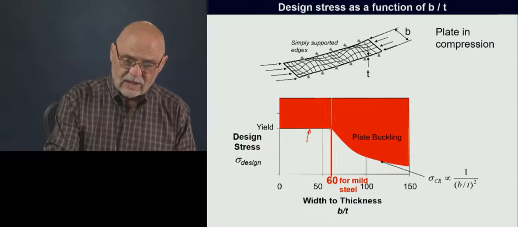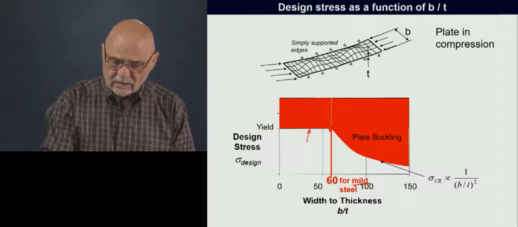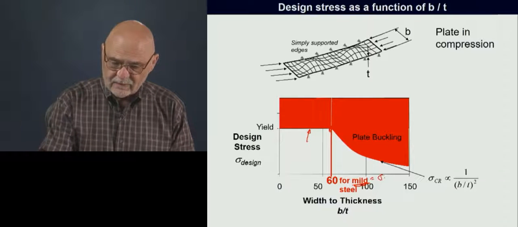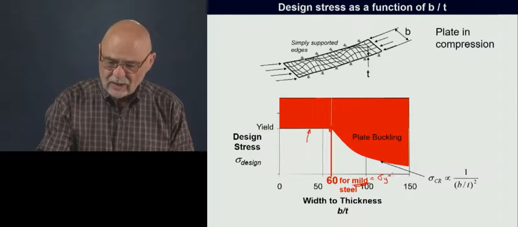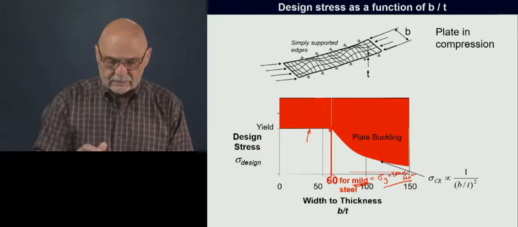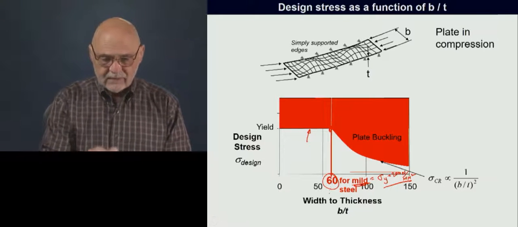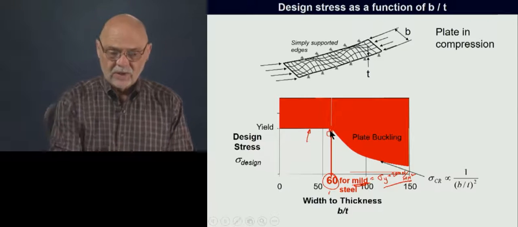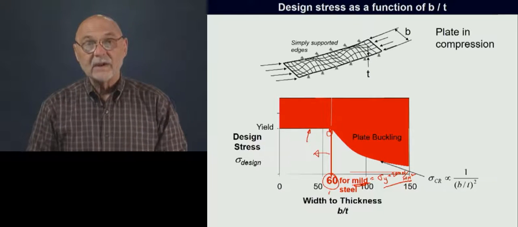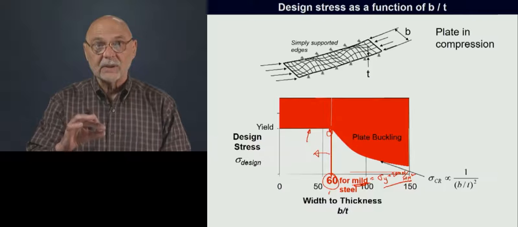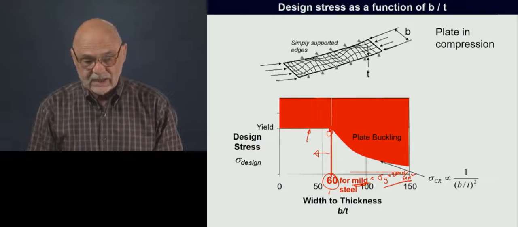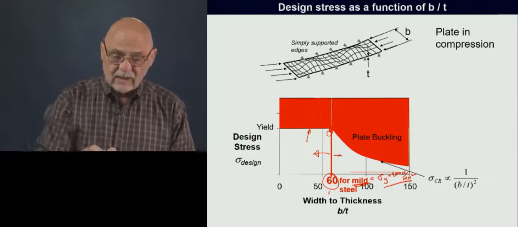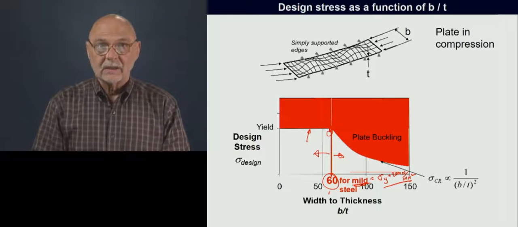And when we overlay these for mild steel, mild means the yield stress is about 200 newtons per millimeter squared, then the inflection point here is a B/T ratio of 60. So below 60 will fail in yield. It's a stocky plate, a thick wall plate, we would say. And above 60, it would fail by this plate buckling mechanism.